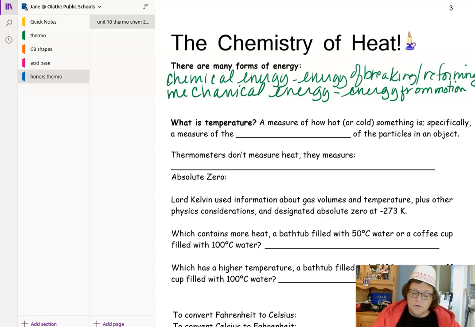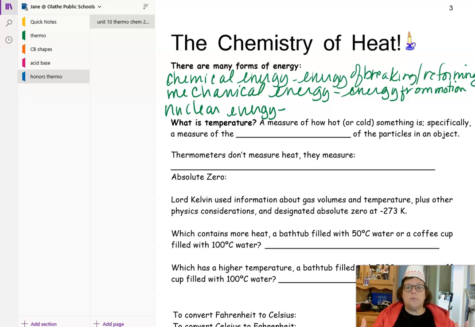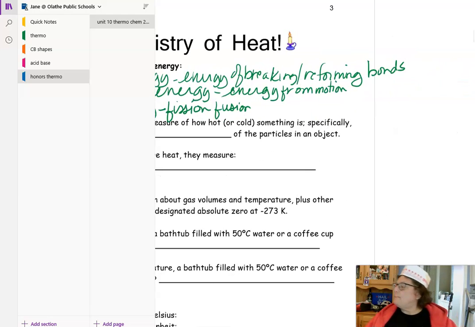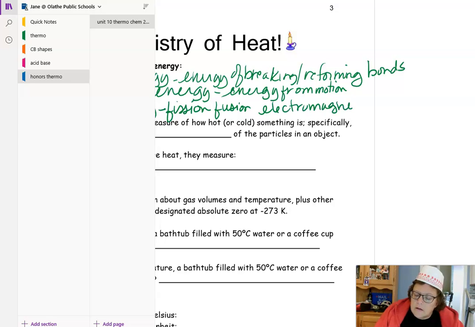We have nuclear energy, which is the energy when a nucleus either breaks apart or is fused together. Breaking apart a nucleus is called fission, and putting a nucleus together is fusion. We have electromagnetic, which deals with the movement of electrons.